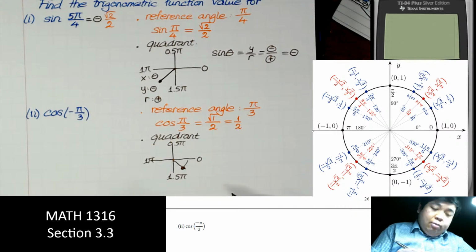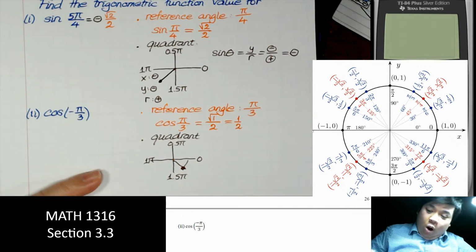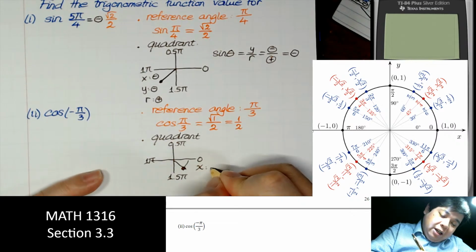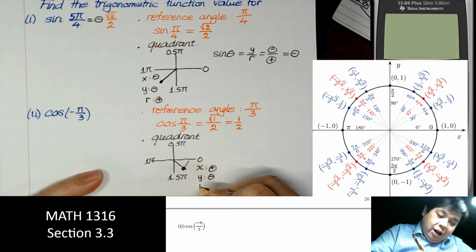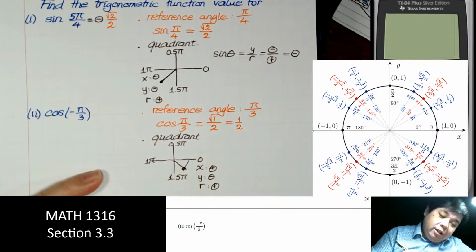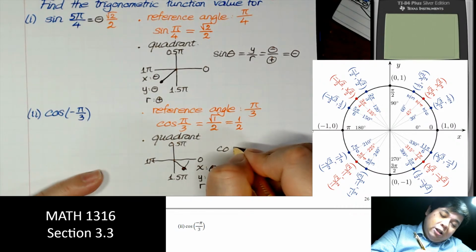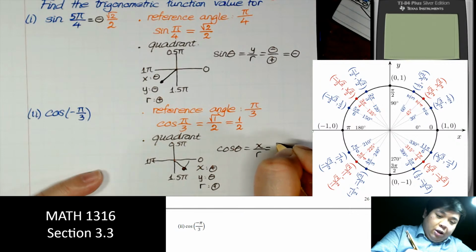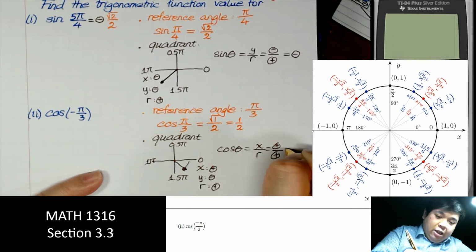Right. Back to this. This is in quadrant 3, quadrant 4. X is positive, y is negative, and r is always positive. And cosine is x over r, positive over positive is positive.